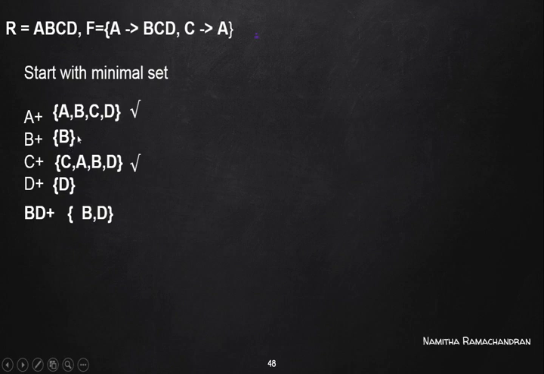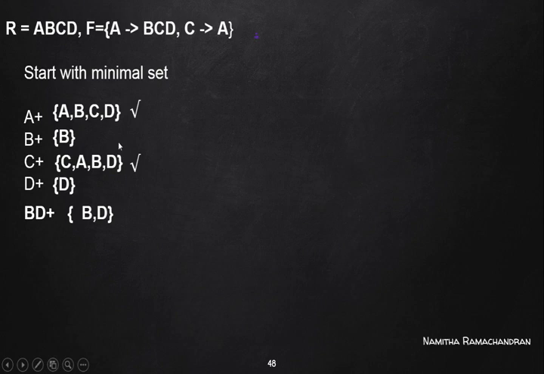Okay, so next we need to consider the next higher set from B and D, which never contains attributes like A and C, because A alone is a candidate key and C alone is a candidate key.